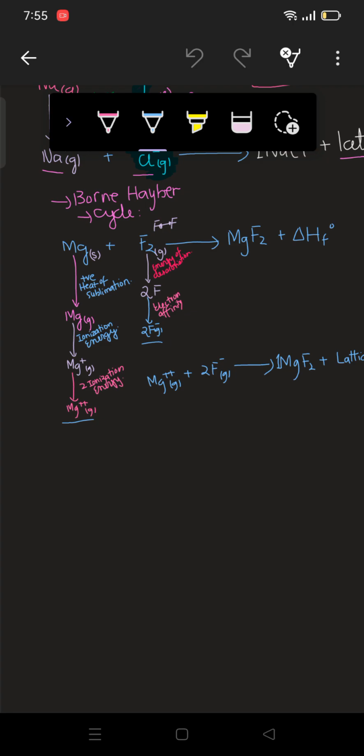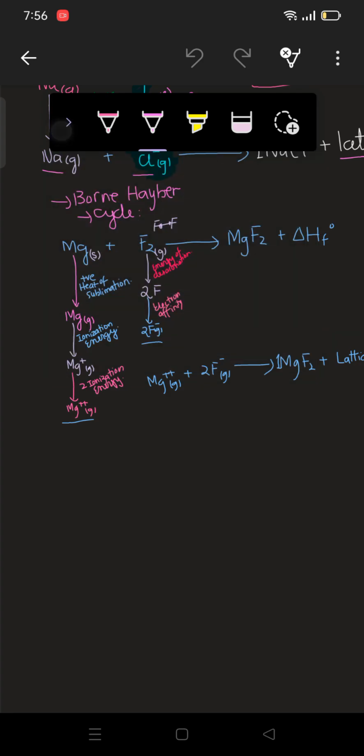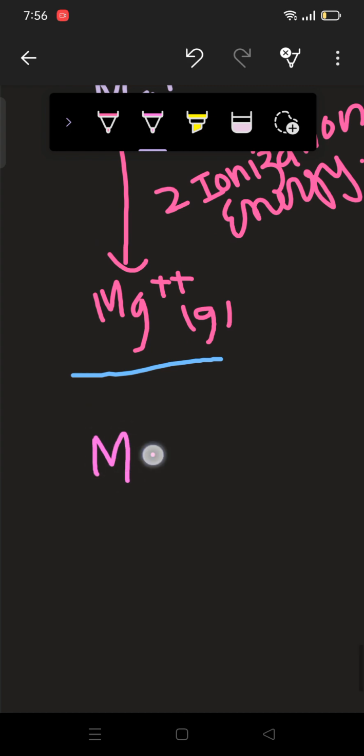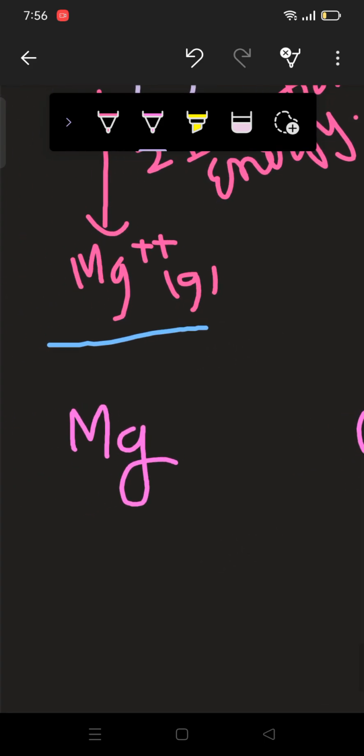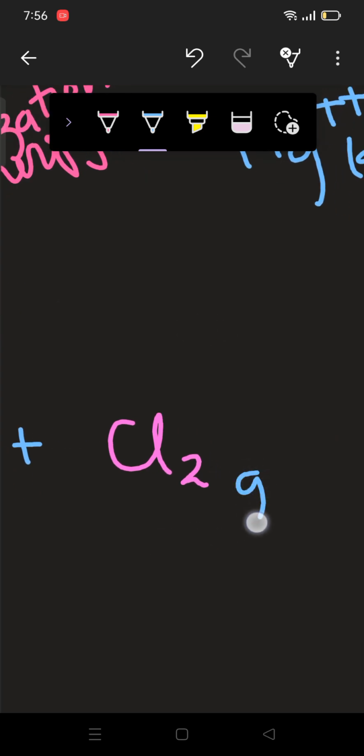understand another example of the Born-Haber process, and that is MgCl2, magnesium chloride, right? Now I know that Mg is found in its stable state in solid form, plus Cl is a gas which is found stable in the gaseous form.